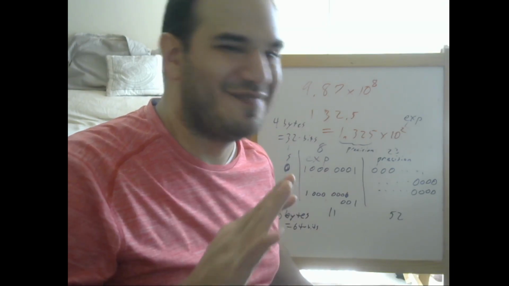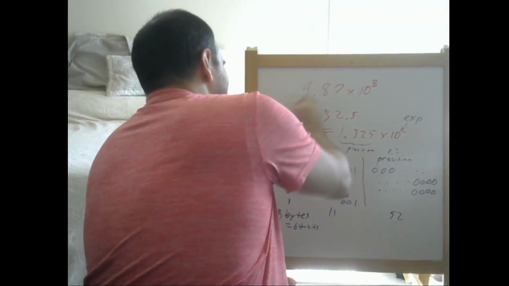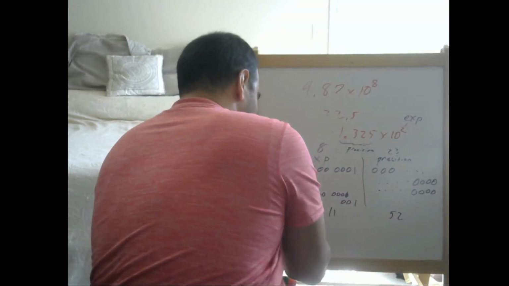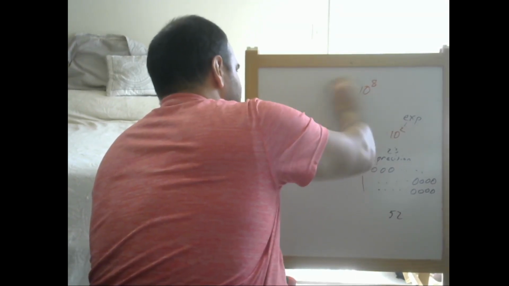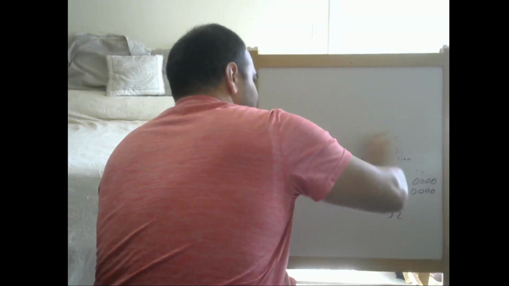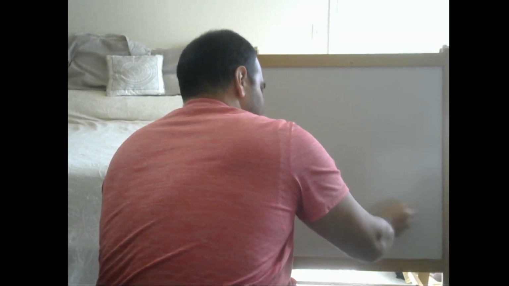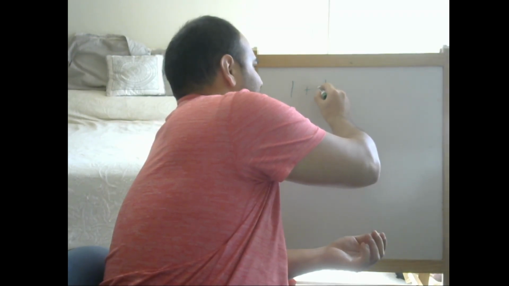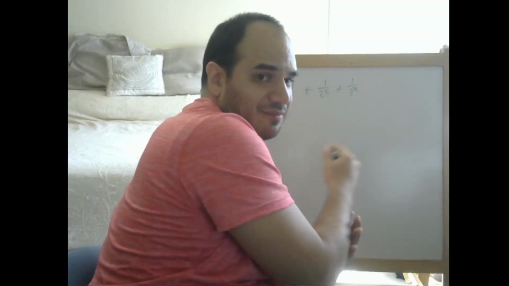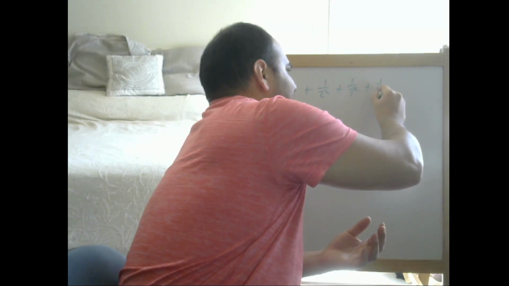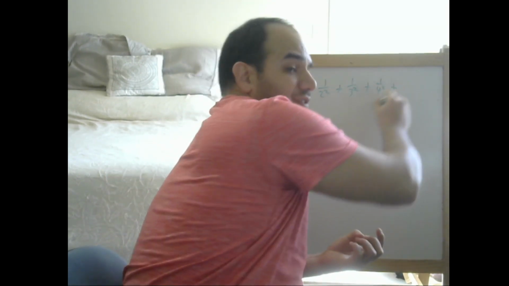Okay, so back to the Basel problem. Okay, so we wanted to know what the solution to the infinite sum 1 plus 1/2 squared plus 1/3 squared plus 1/4 squared, and so on, over all of the positive integers.